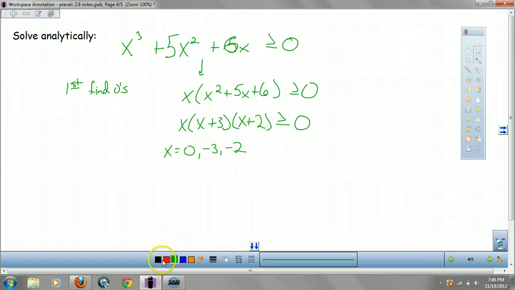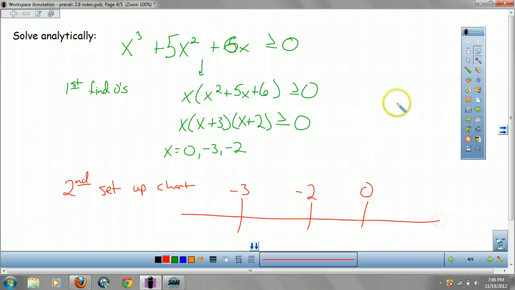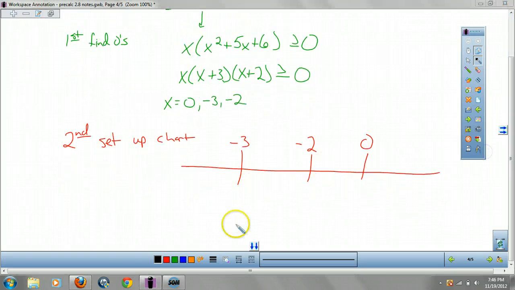Right. So next, you set up your chart. 0, negative 2, negative 3.